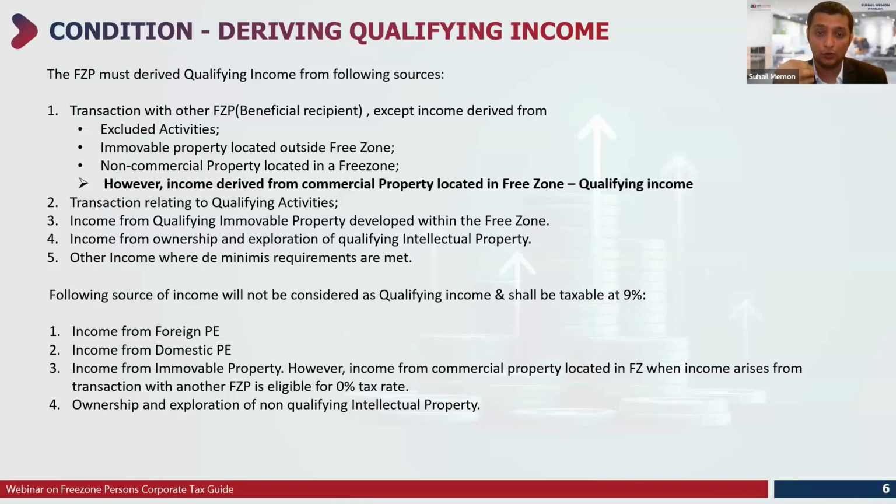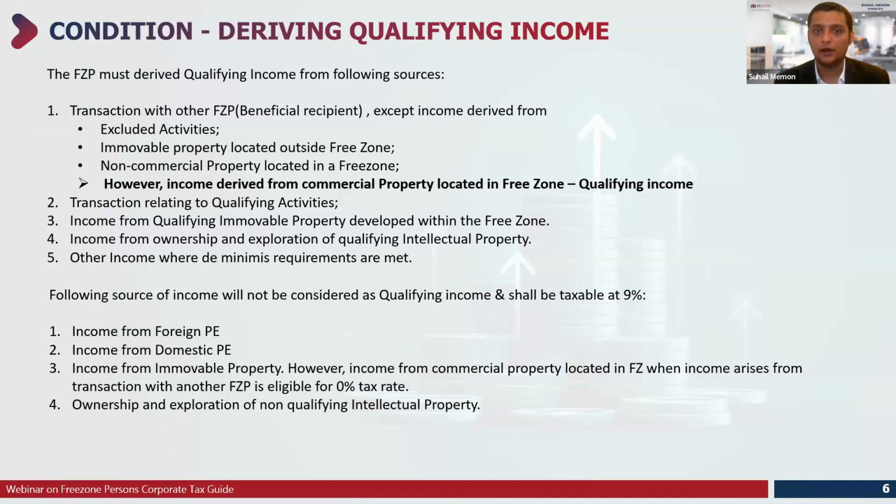Now coming to goods, let's talk about one thing. For example, the beneficial recipient of the goods I sold to a free zone person is a third party. Then how would I come to know who is the beneficial recipient? The safe thing is to get a declaration from the person from whom you are deriving the income.